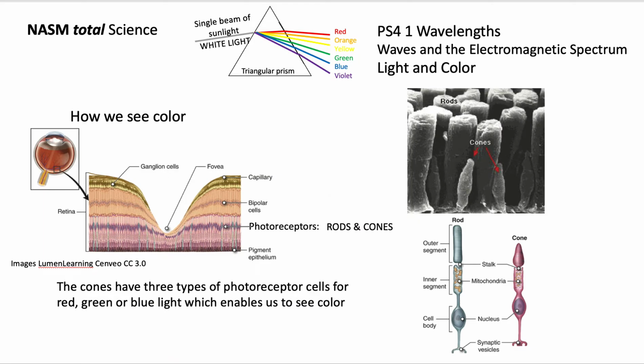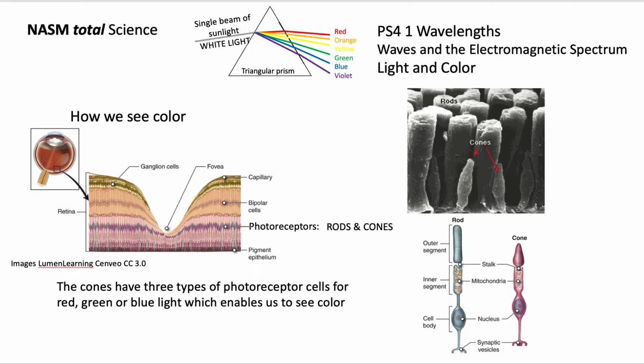And in the retina, all around the retina, but including in the fovea as well, you've got photoreceptors, your light receptors, rods and cones. The rods are for white light and the cones are for the coloured lights.